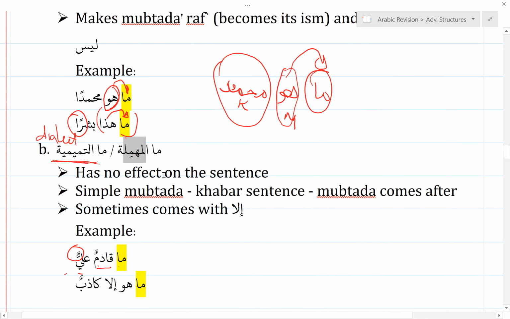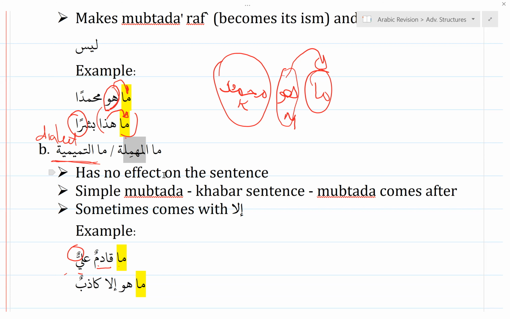If there's no tashkil, is that what you're asking? Or if the tashkil is there? How would we find out if the ma is not affecting anything at all? Then it would be tamimiyya, and the mubtada will come later and the khabar will be at the beginning.